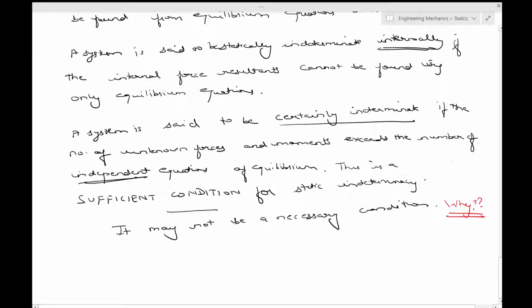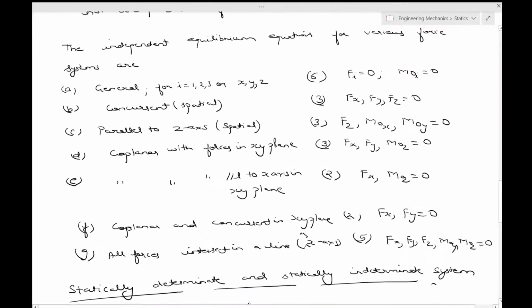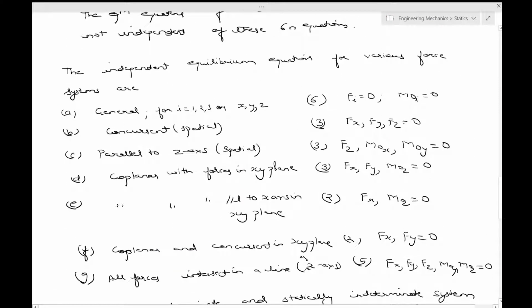So clearly, if you have a rigid body, and if the number of unknown reactions is more than 6, then clearly the system is statically indeterminate.